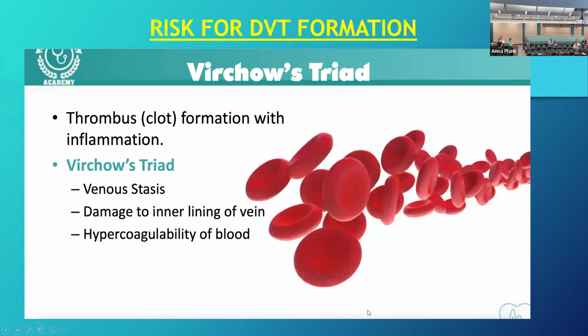This is called Virchow's triad, and these are the top three things that, when they come together, make our clot: venous stasis, some type of damage to the lining of the vessel, and hypercoagulability. Okay, so when we talked about coronary heart disease, same type of things.